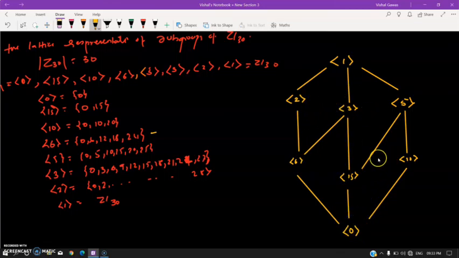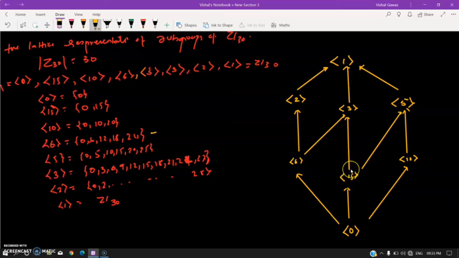So this is the lattice. Everything goes on top. This is a subgroup of this. This is a subgroup of this. This is a subgroup of this. This is also a subgroup of this, and then all are subgroups of the group, right?